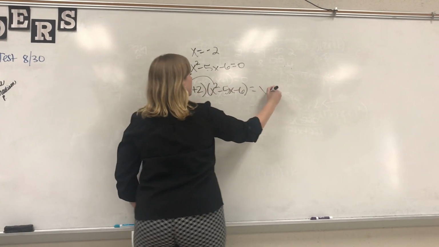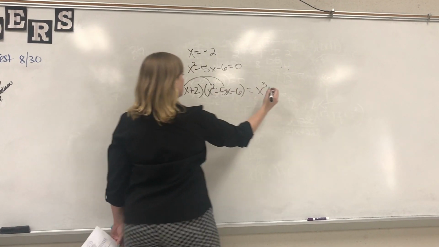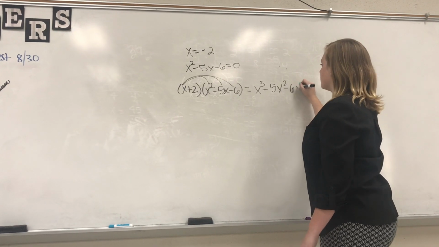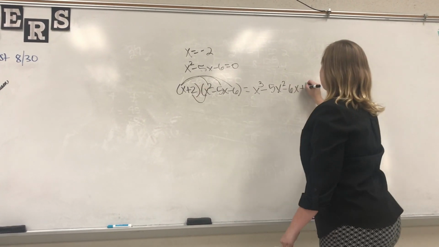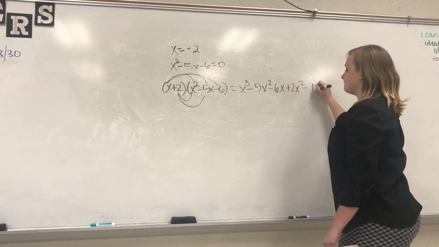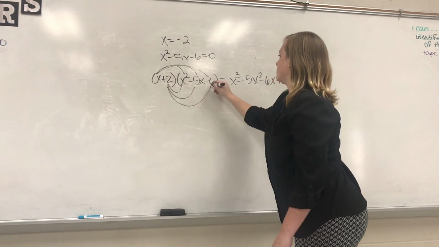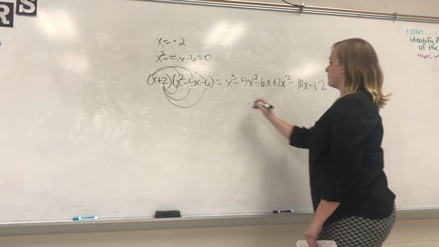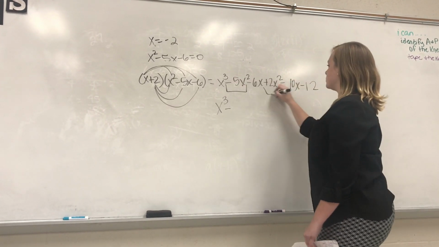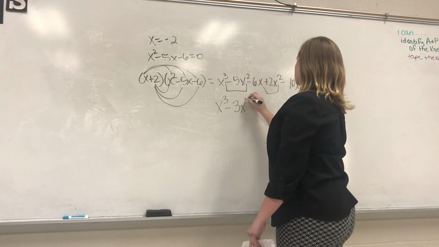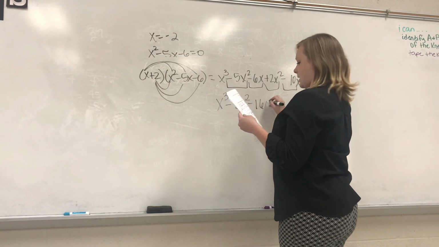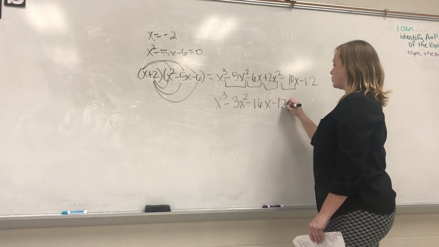So x times x squared, x cubed, negative 5x and 2x make negative 3x squared, negative 6x and negative 10x makes negative 16x, and negative 12.